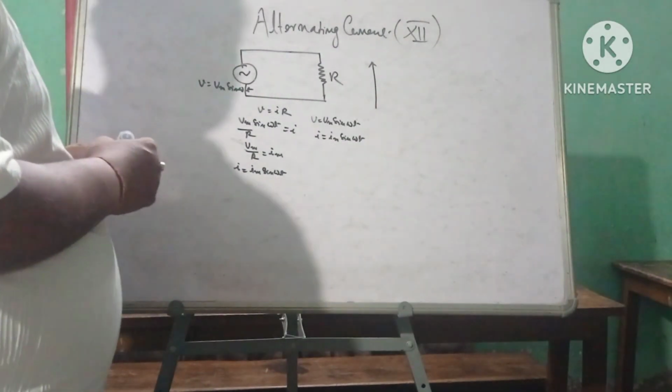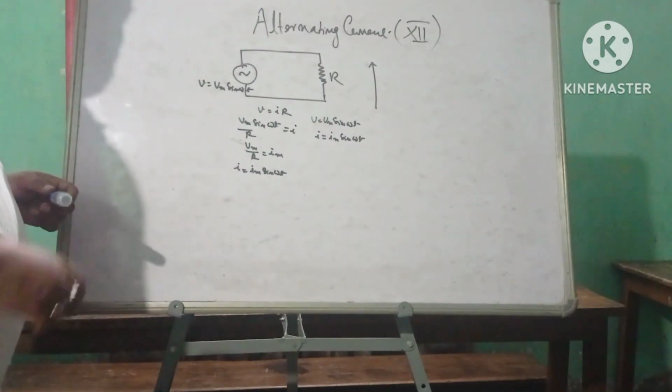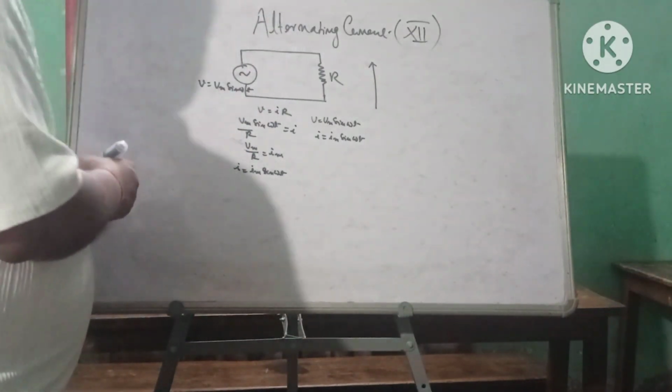Since there is no phase difference, your phasor diagram and first of all your V is equal to Vm sine omega t.